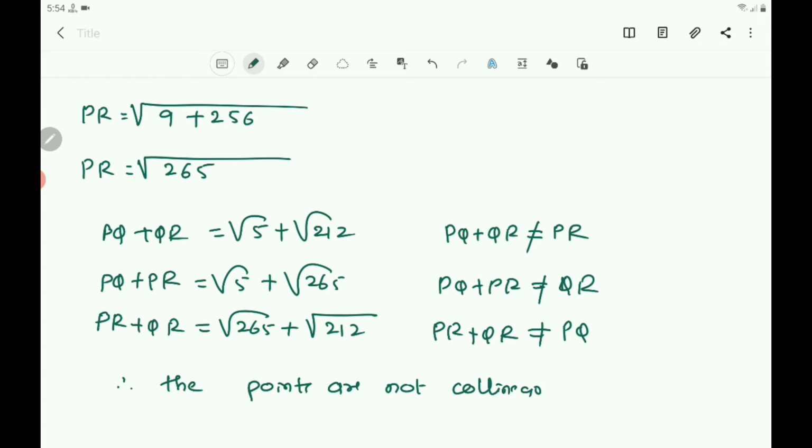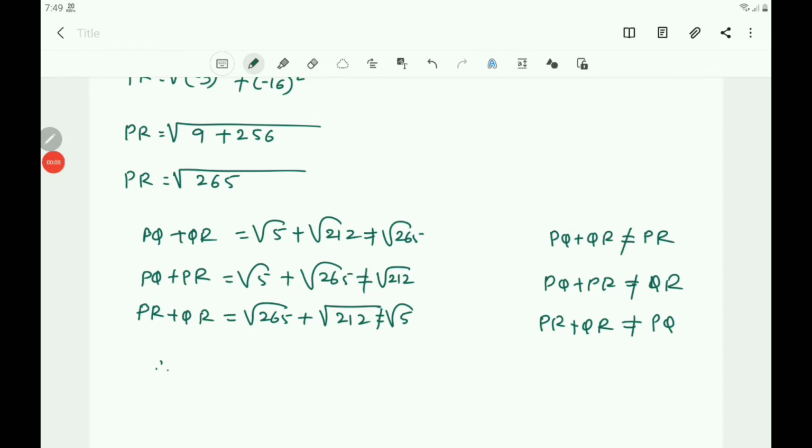Here sum of two sides is not equals to third side, because root 5 plus root 212 is not equals to root 265, and also root 5 plus root 265 is not equals to root 212. Root 265 plus root 212 is not equals to root 5. That is PQ plus QR is not equals to PR, PQ plus PR is not equals to QR, and PR plus QR is not equals to PQ.